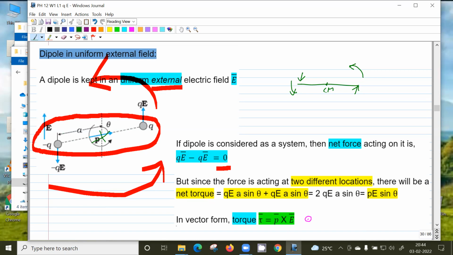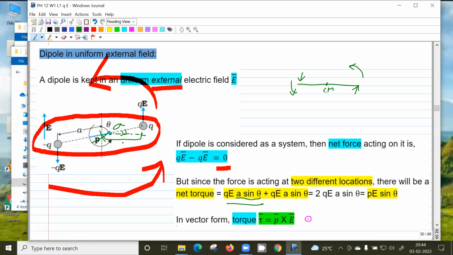And torque is given as the force into the perpendicular distance. So this is the force and this is the perpendicular distance of the force. And this is A. And this is 90 minus theta. So this distance is A sine theta. So the perpendicular distance is A sine theta.